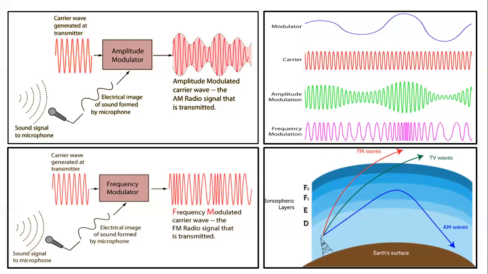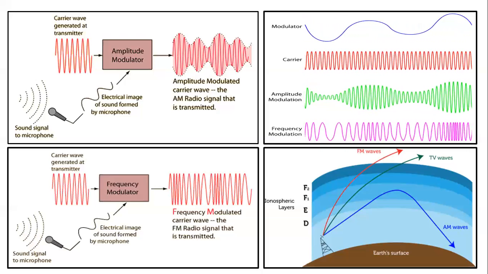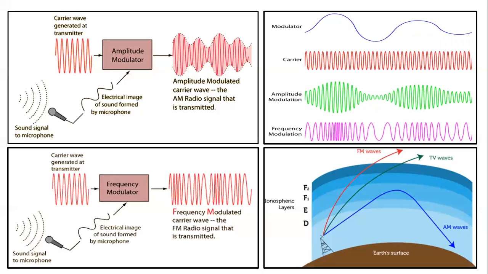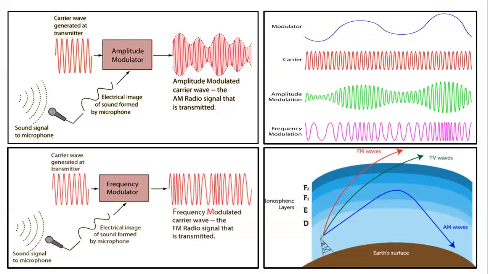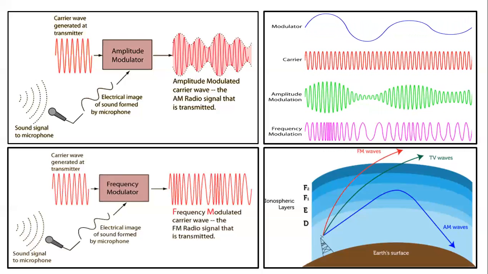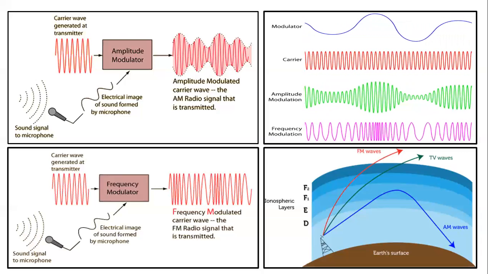The amplitude modulated carrier wave is then transmitted. The AM radio signal that is transmitted has a modulated amplitude. Notice that the heights of the wave are different in different places.